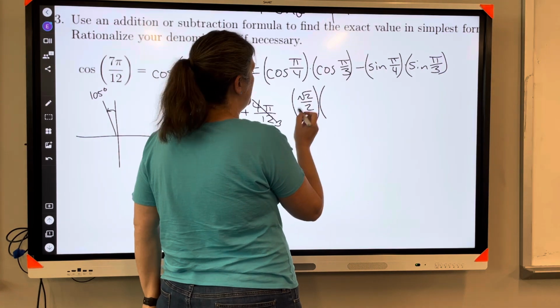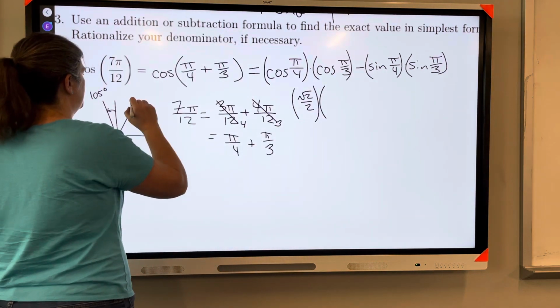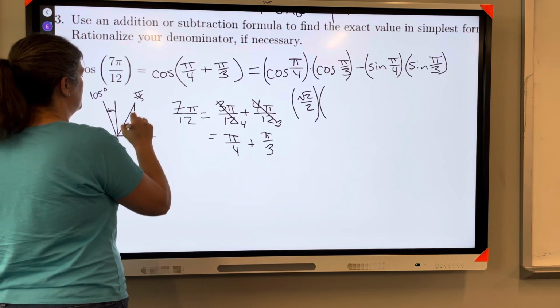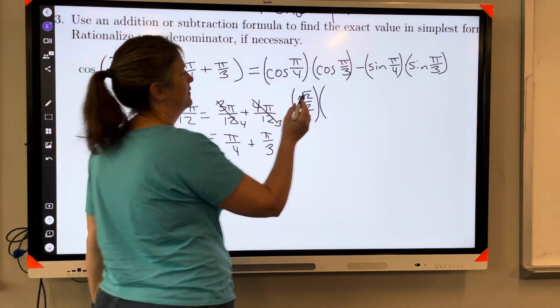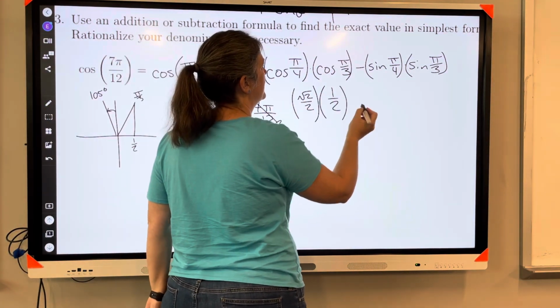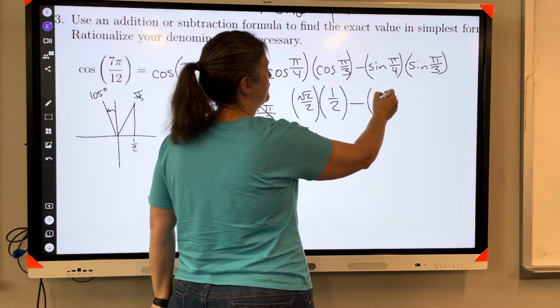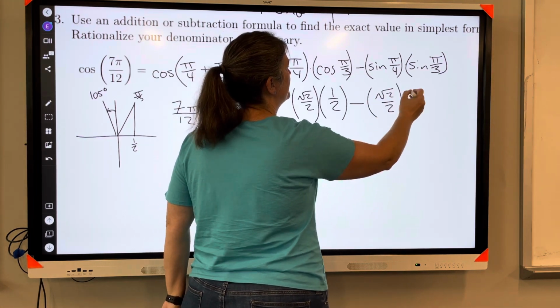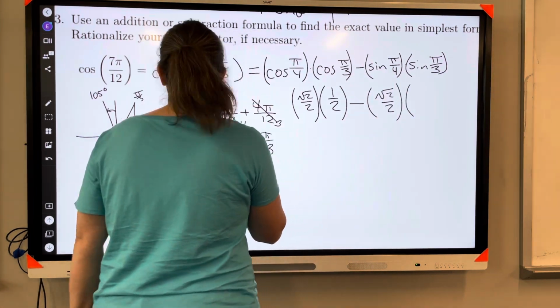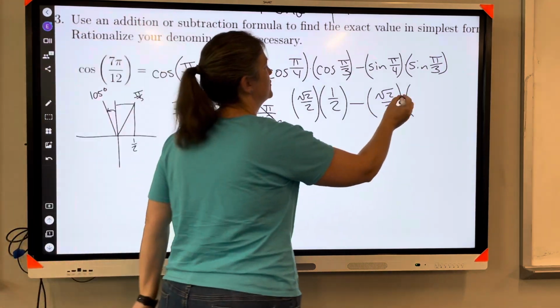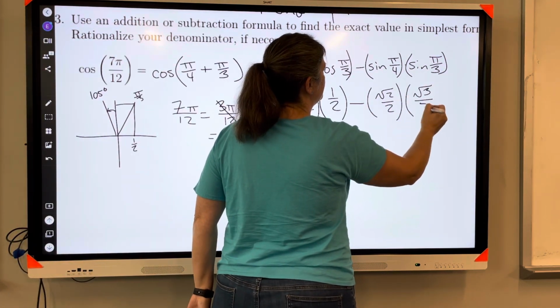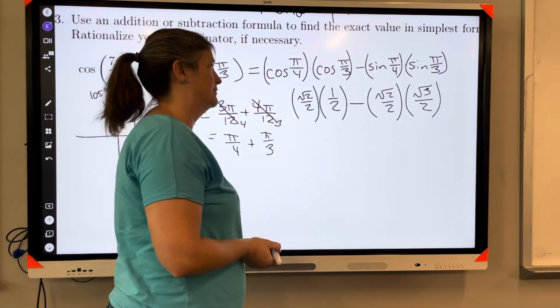The cosine of pi over 3, okay, pi over 3 is here. Cosine is 1/2. The sine of pi over 4, square root of 2 over 2. And the sine of pi over 3, the sine is the bigger number, square root of 3 over 2. Great.